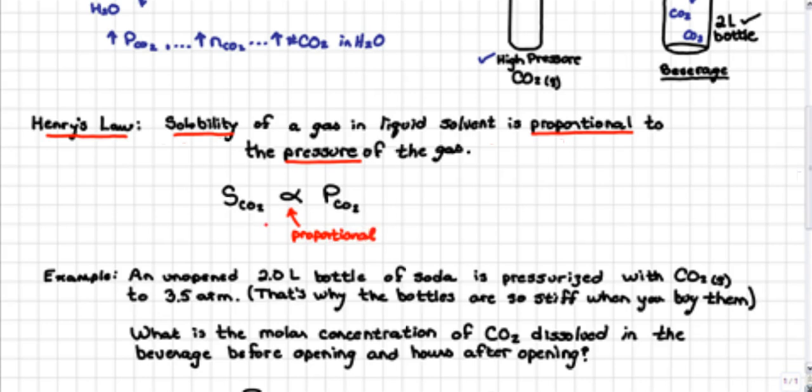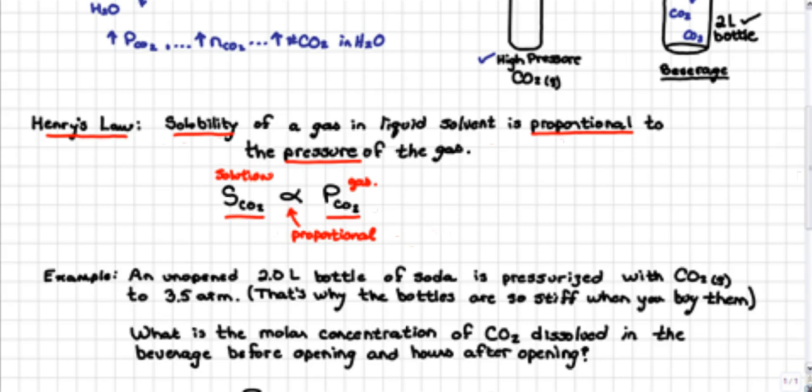Where the solubility of carbon dioxide is proportional to the pressure of the carbon dioxide present in the space above the liquid for the gas. And so the solubility refers to the solution and how much carbon dioxide is actually dissolved in the solution, and the pressure refers to the gas pressure above the solution.